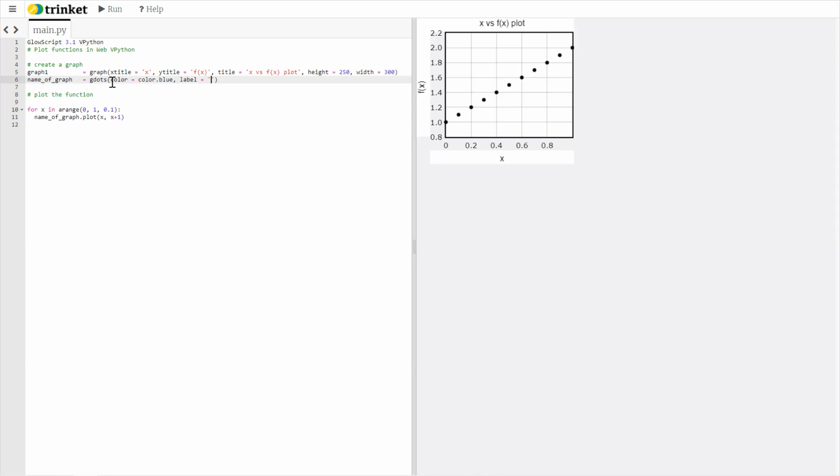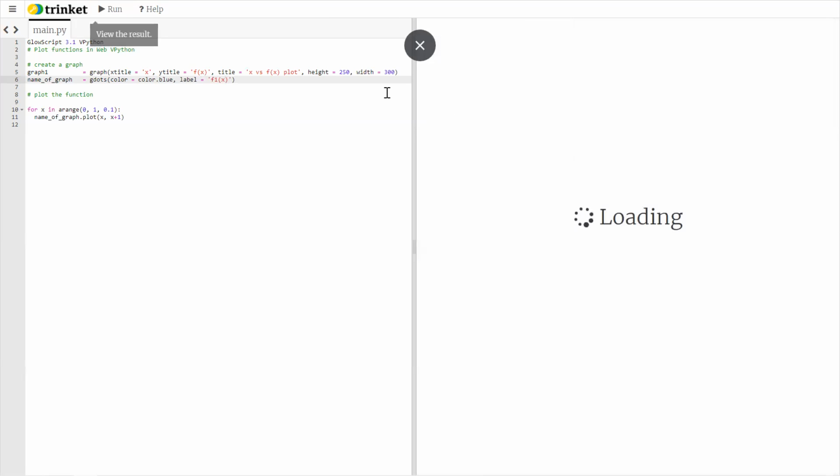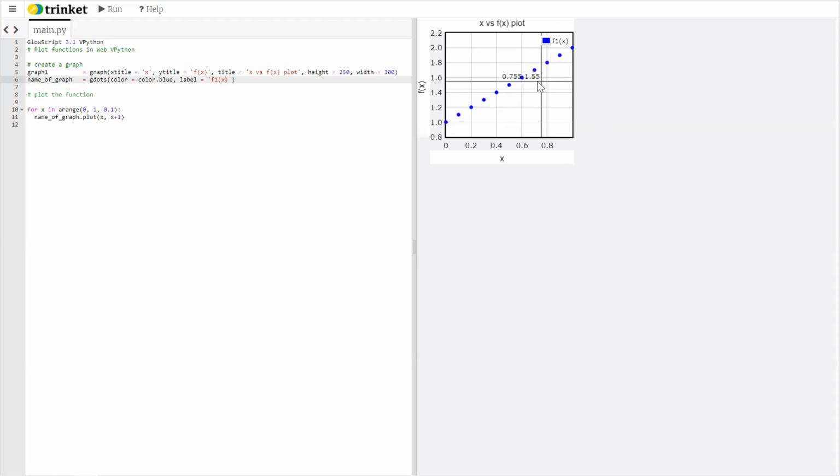Let's say this is F1X. So the label is the legend that you see here.